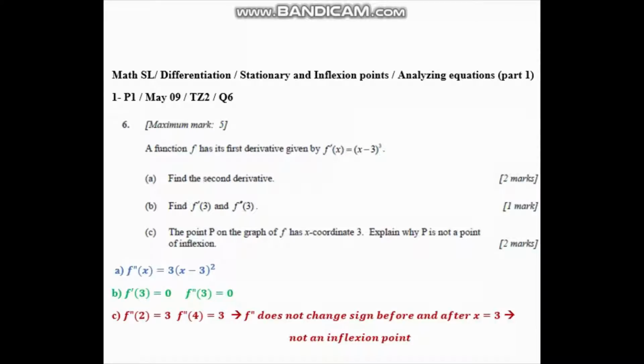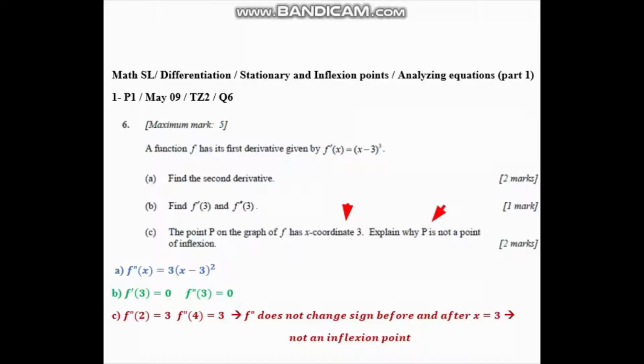So for question C, we are required to explain why P is not a point of inflection where P has x coordinate 3. We know that if f dash is 0, then we have a turning point. If f double dash is 0, then we probably have an inflection point.